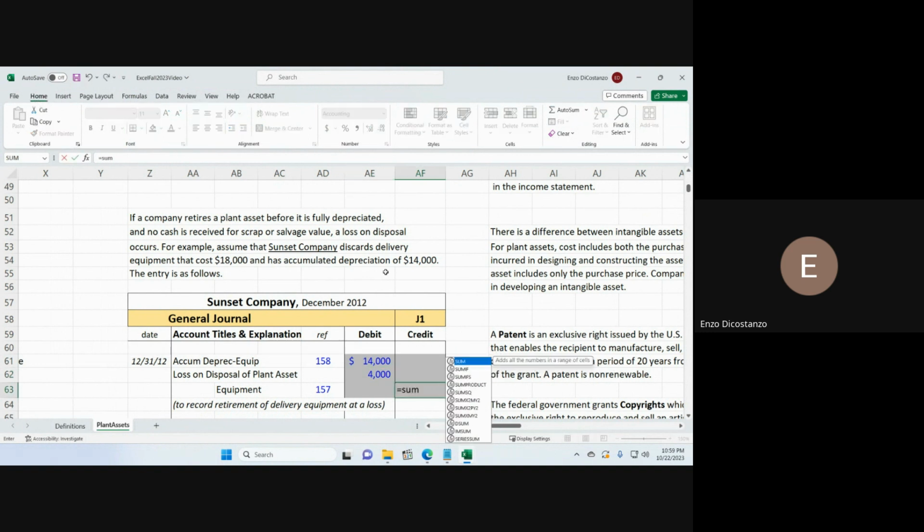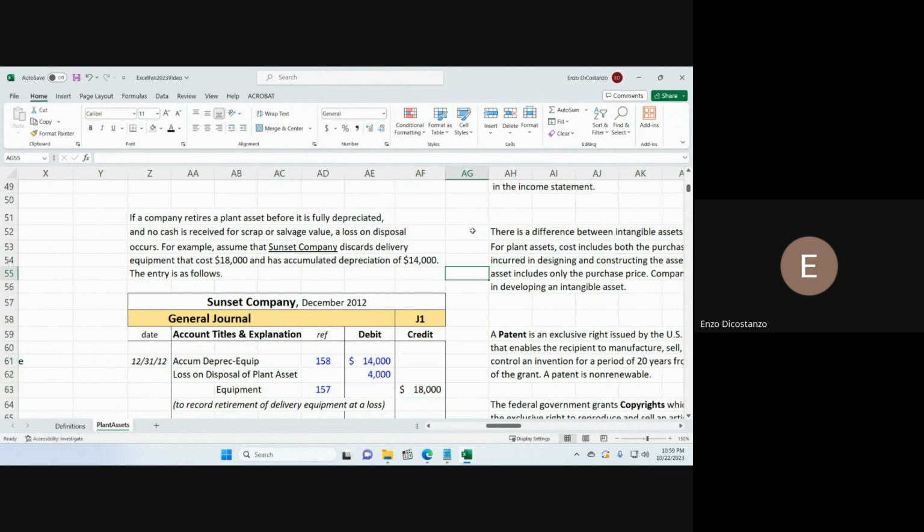So you sum these, and your whole equipment write-off is 18,000. That's how you balance all that. You're writing off an $18,000 piece of equipment that you've only depreciated up to 14,000, and you got nothing for it, so it's a $4,000 loss.